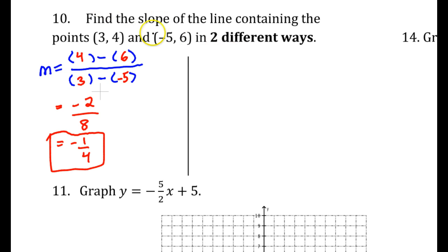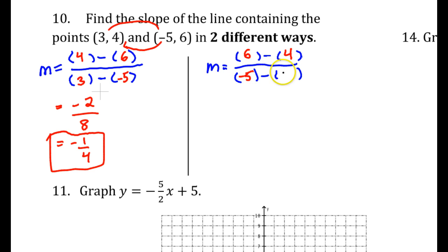Okay. Others said, well, I remember a homework where we found it another way. And what is that other way? Well, the slope from here to here is the same as the slope from here to here. So if I just switch it up, which is actually what we did in the homework, you get 2 over negative 8, which also equals negative 1/4.